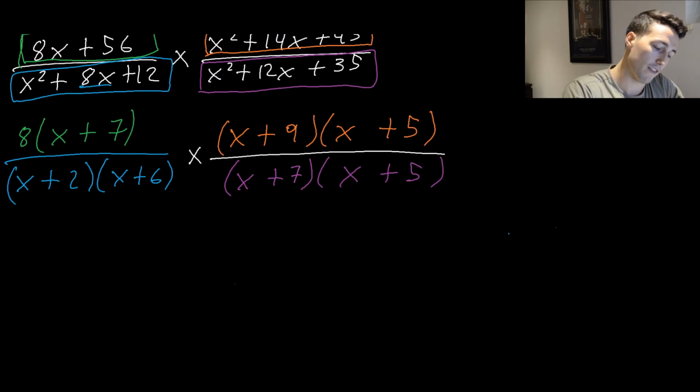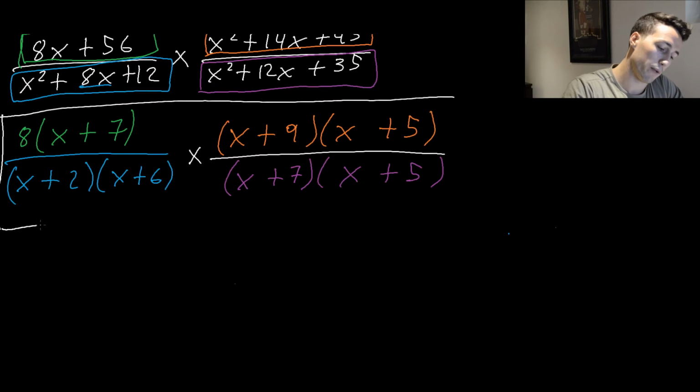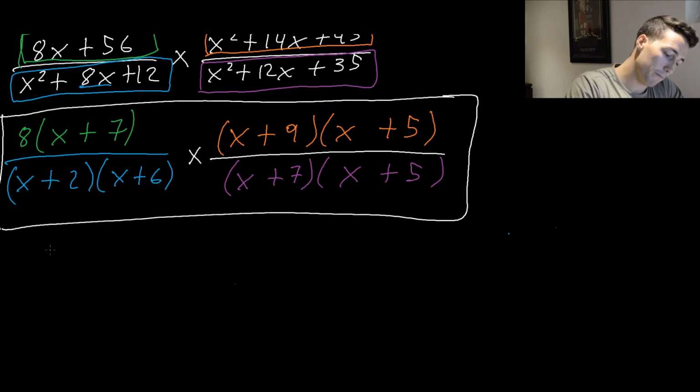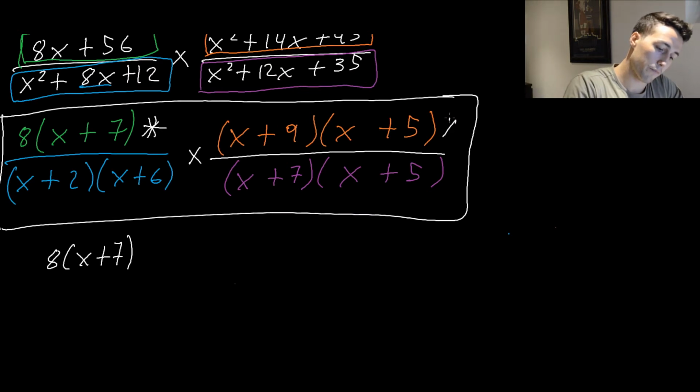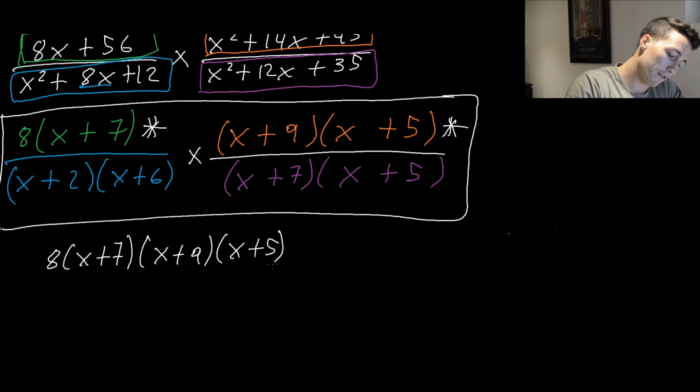Another way of writing this entire expression with this multiplication is just multiplying fractions. So we can write 8 times (x plus 7), and when you multiply fractions, you multiply the numerators and then you multiply the denominators together. So we have this numerator multiplied by this numerator, (x plus 9) multiplied by (x plus 5).